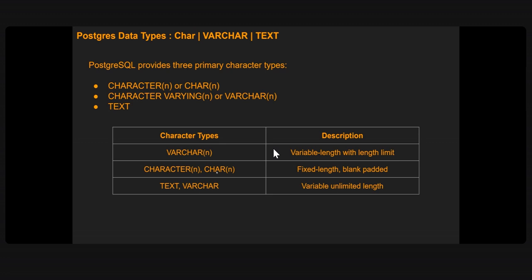Character, or char: you can type the entire word character or char n. It is fixed length, blank padded. For example, you have a column called gender. In gender you can write female or male, so you can give 6.